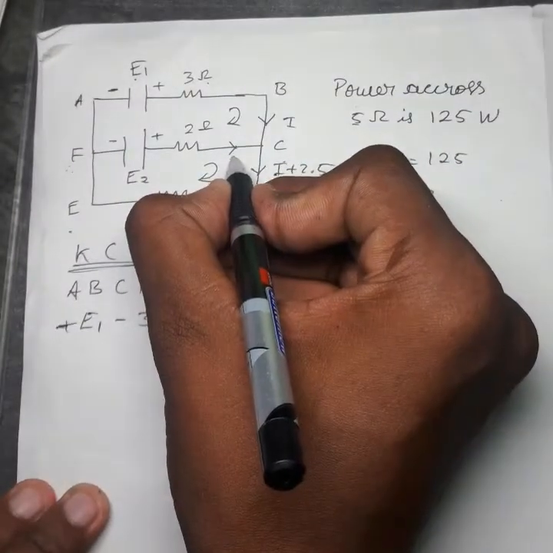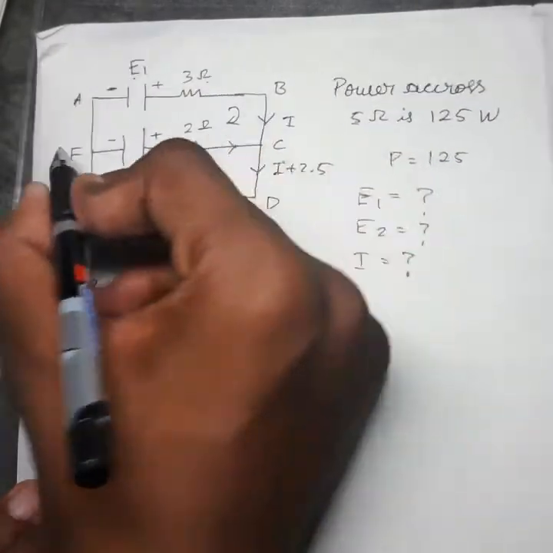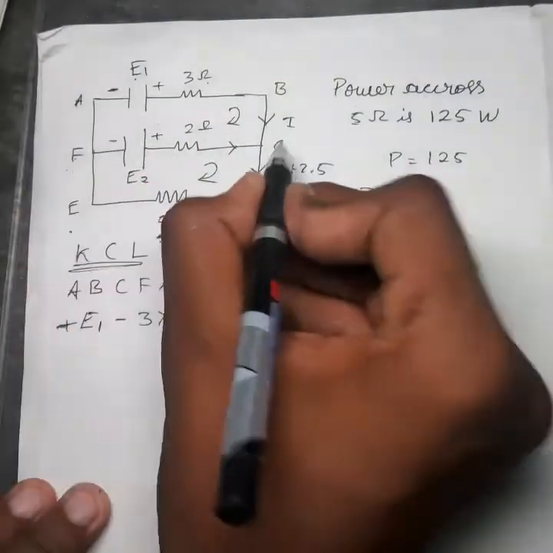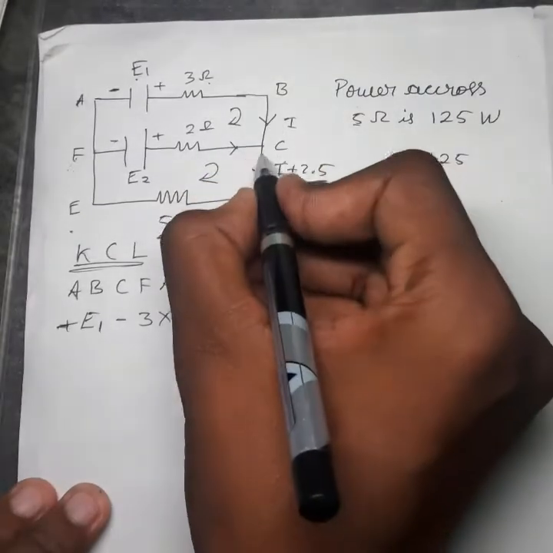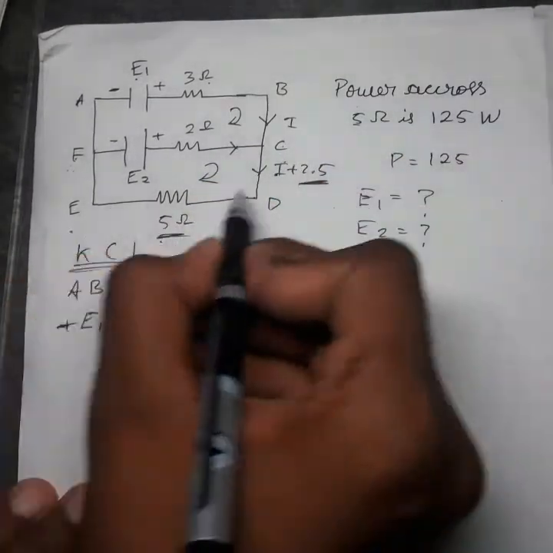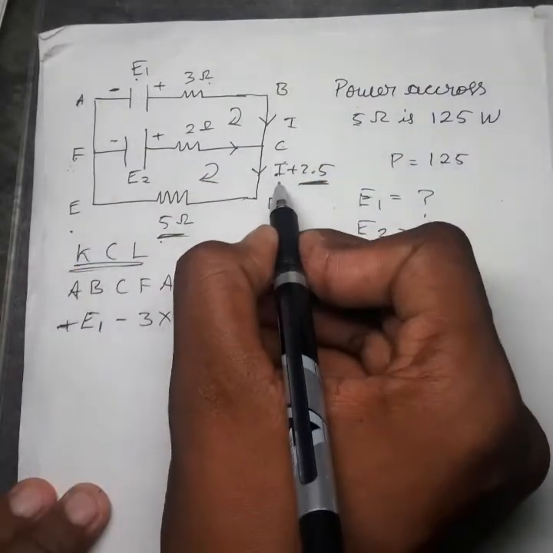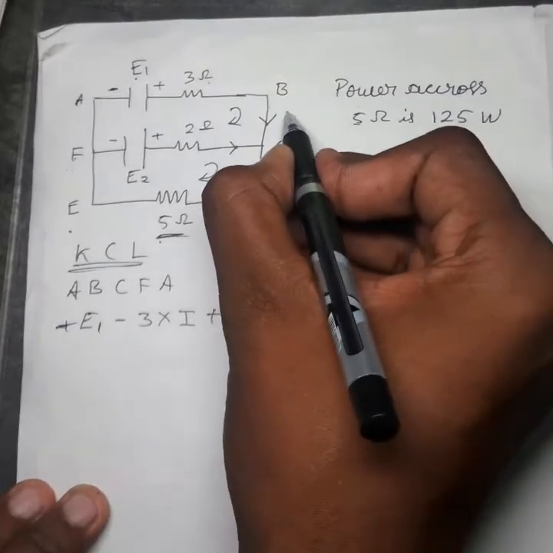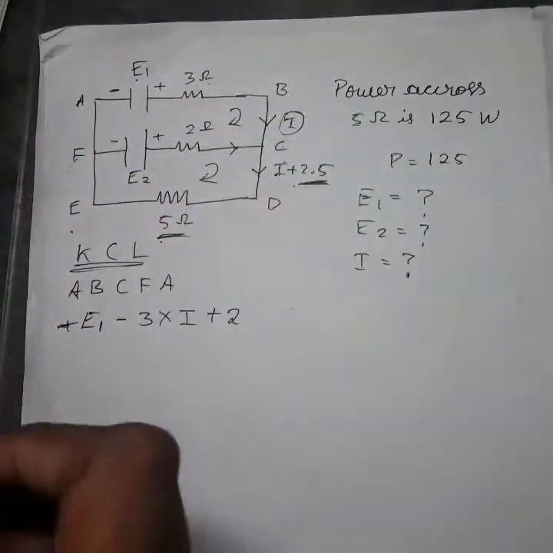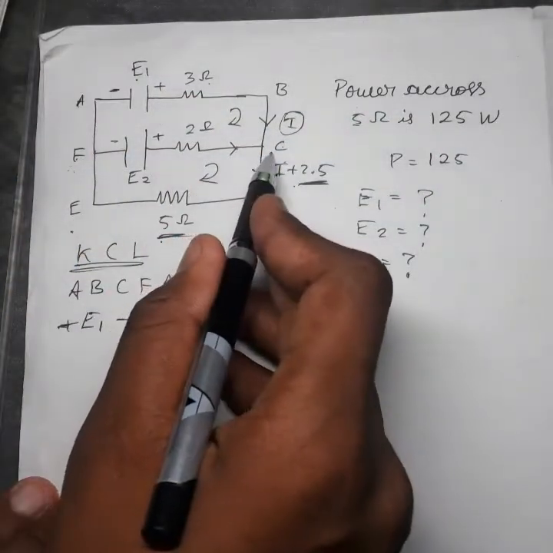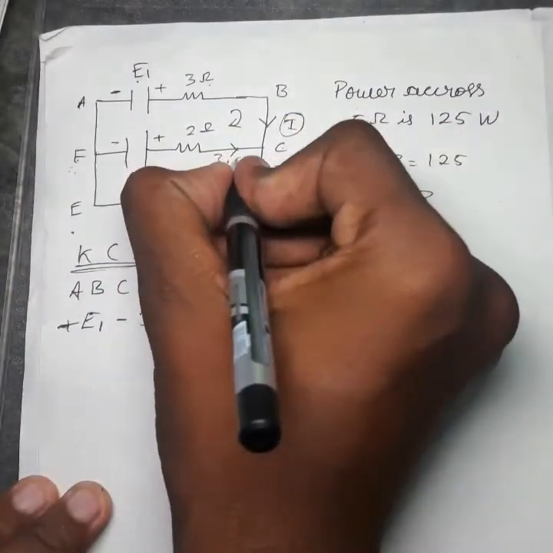And here one more point we have to notice, the current across FC is not given, it is hidden here. That is, the current from C to E across this 5 ohms coil is this much, and one current I is flowing from A to B, and the other from F to C, that is 2.5.